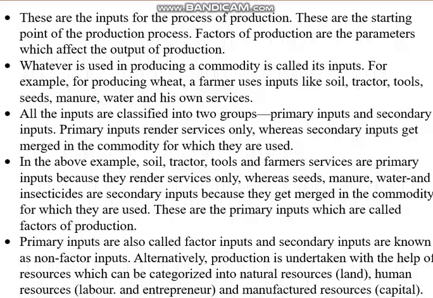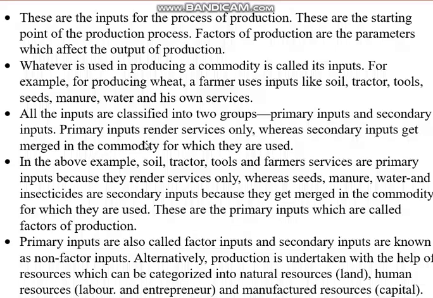With the help of all these inputs, he will do something, and he will wait patiently for some months, and at the end of that waiting, he will have his output. That is a production system. All the inputs are classified into two groups: either primary inputs or secondary inputs.